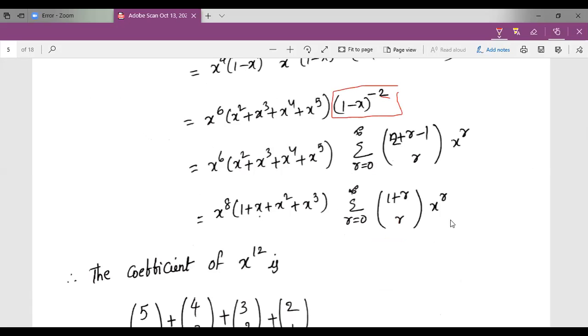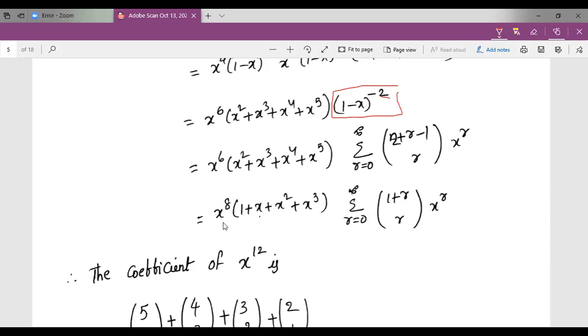Using this relation, we have to find how many ways we can distribute 12 oranges to the children A, B, C. So that means we have to find the coefficient of x power 12 using this relation.